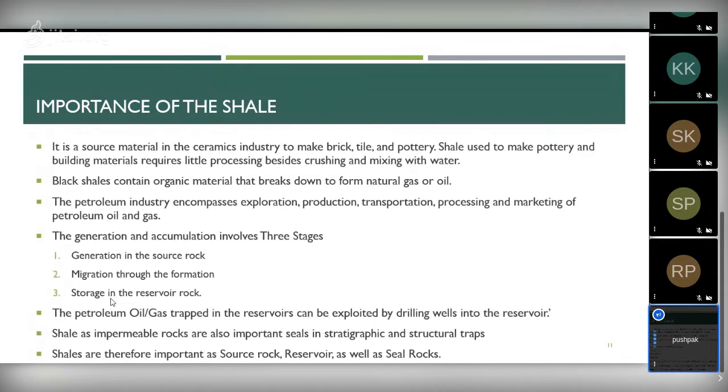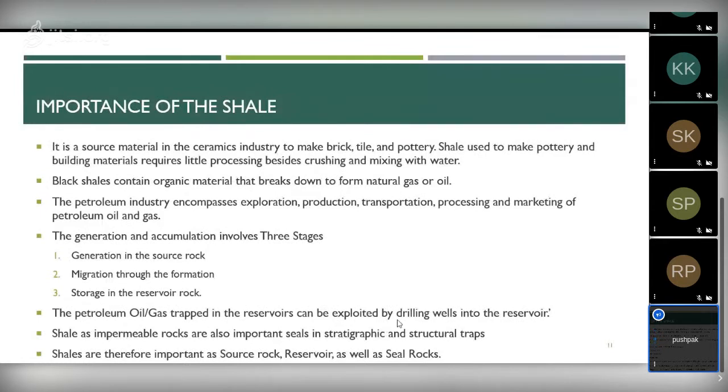The petroleum wells into the reservoir. As shales are impermeable rocks, they are also important seals in sedimentary and structural traps, and shales are therefore important as source rock, reservoir, as well as seal rocks.